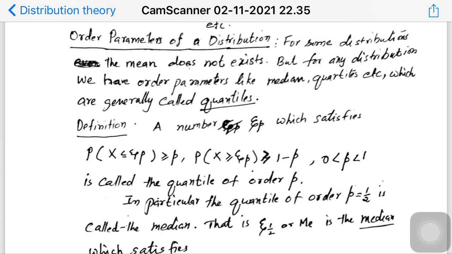Okay, and we will see what is meant by the pth order quantile.